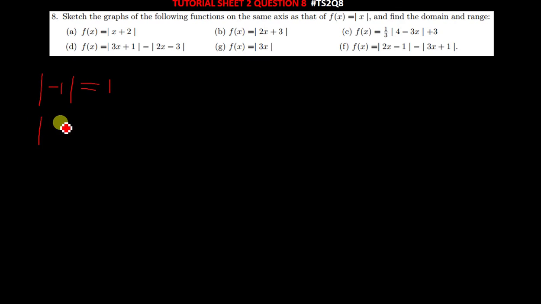Same applies to the absolute value of 1. The answer will still be +1. So in other words, the absolute value of any given function is going to be positive.